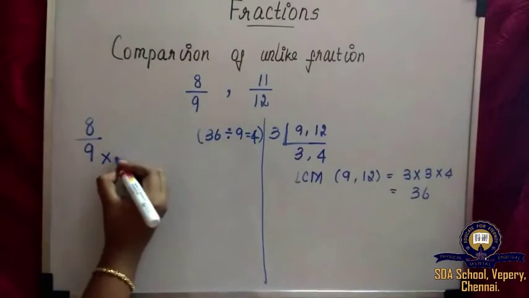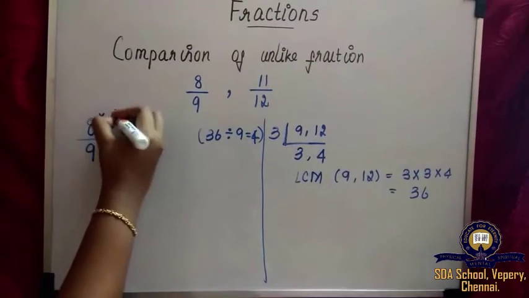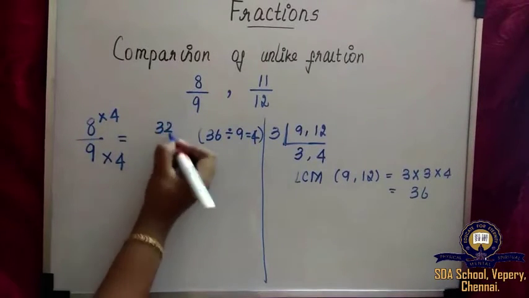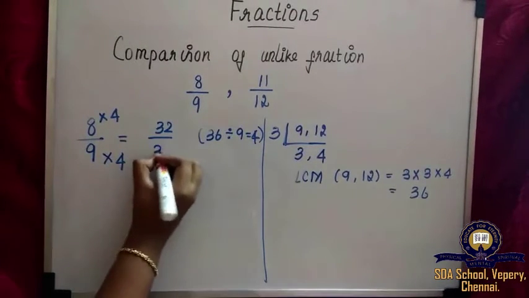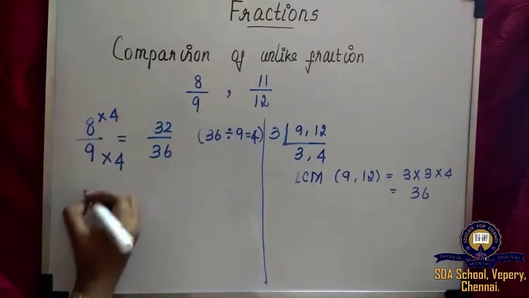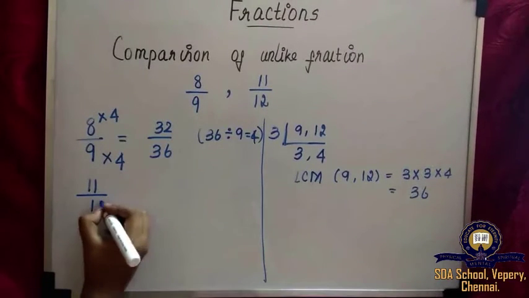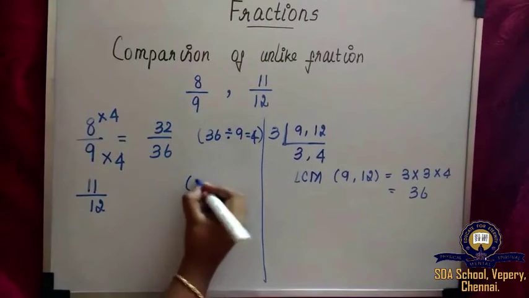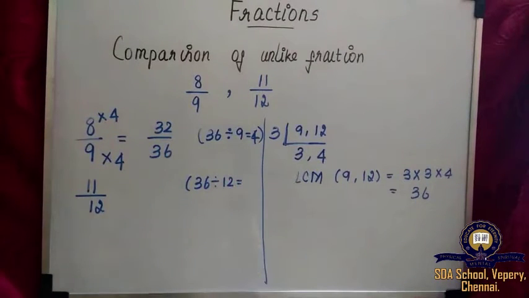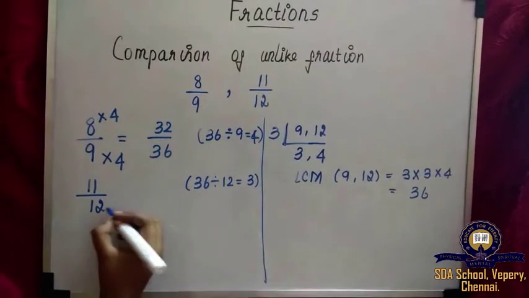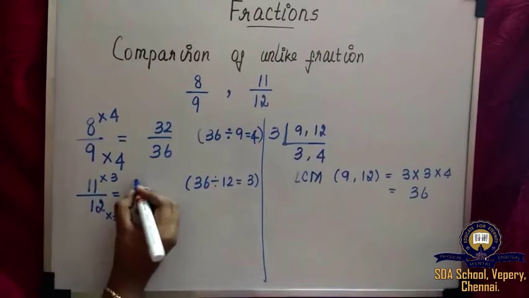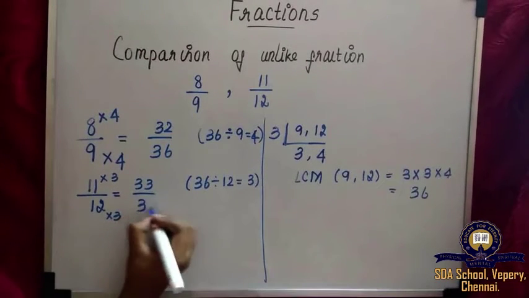So we have to multiply the denominator as well as the numerator by 4. 8 fours are 32. 9 fours are 36. Similarly, you have to find for the second fraction 11 by 12. So 36 divided by 12 is equal to 3. So multiply the numerator and the denominator by 3. So 11 threes are 33, 12 threes are 36.